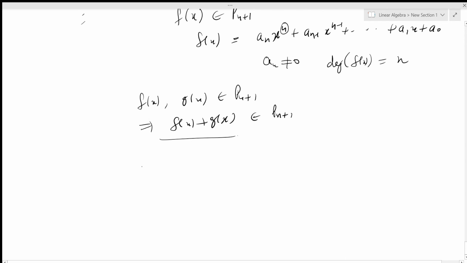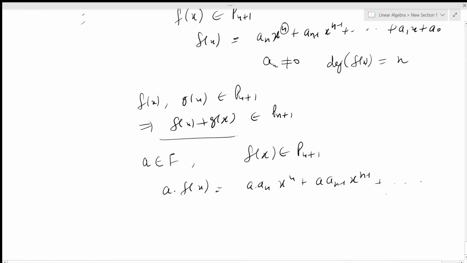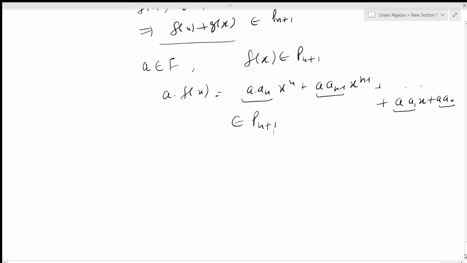And if we take some scalar a belongs to F, and some f(x) belongs to Pn plus 1, and if we multiply a with f(x), so you get a·an x^n, a·an minus 1 x^(n minus 1), and so on, a·a1 x plus a·a naught. So this coefficient is also from the field, that means this belongs to Pn plus 1. So in this way we can prove all the remaining properties of vector space. Now next example, fourth one.